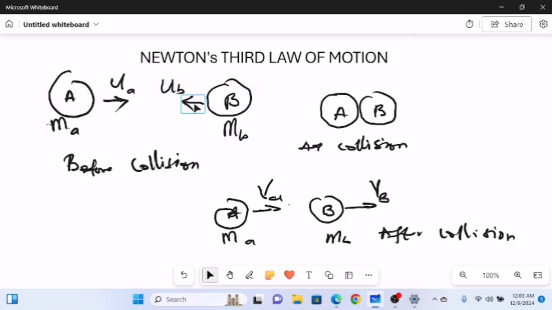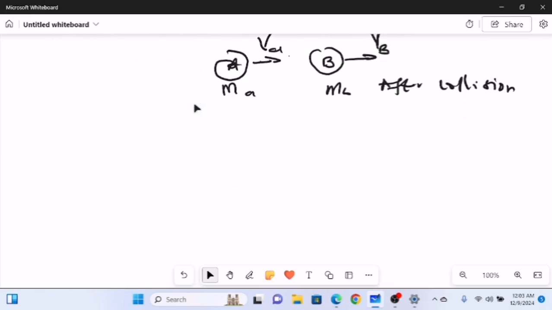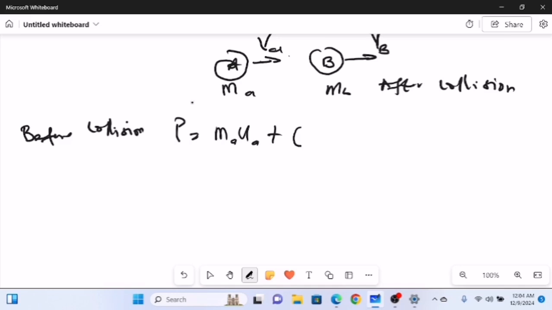So let's now sum the momentums and see. Before collision, we have that momentum is going to be equal to mass of A times the initial speed of A, plus mass of B times the initial speed of block B. But we are going to be indicating this now with a negative sign.